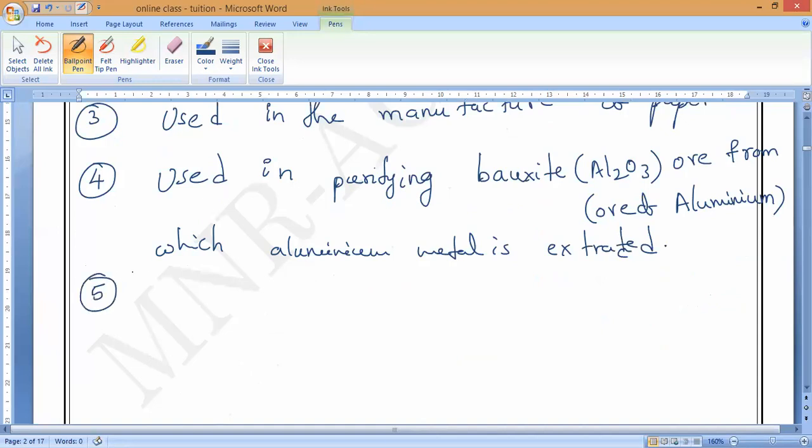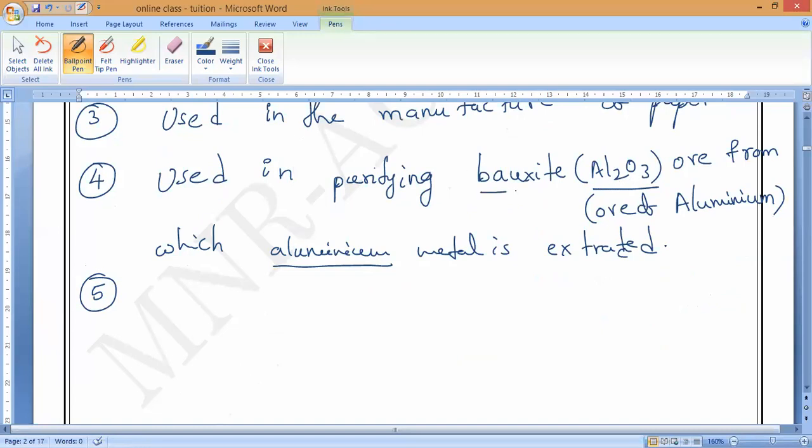So extracting aluminium from ore, from aluminium oxide. Sodium hydroxide is used to extract aluminium from bauxite or to purify bauxite. We want aluminium metal, but it is in a combined state.